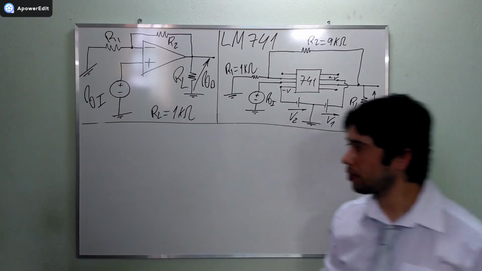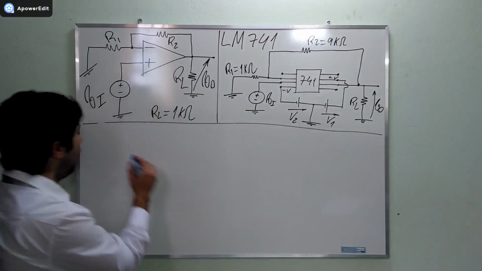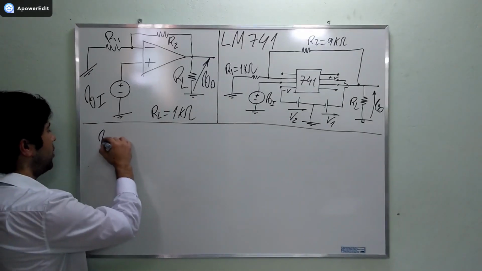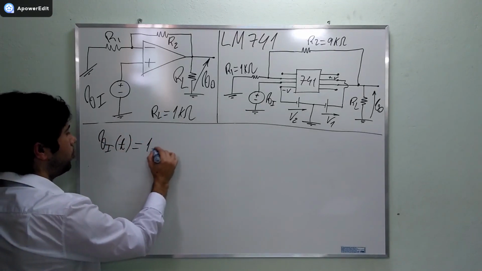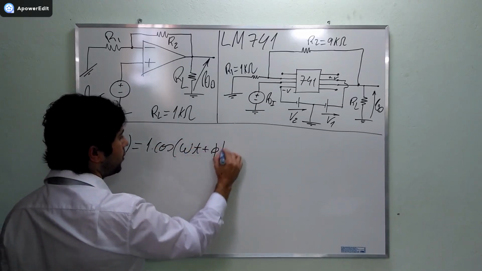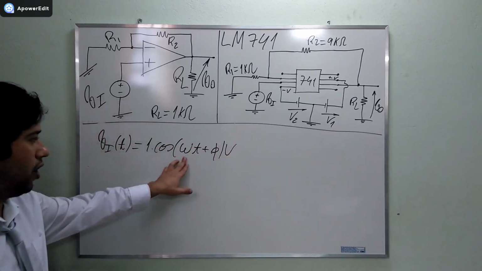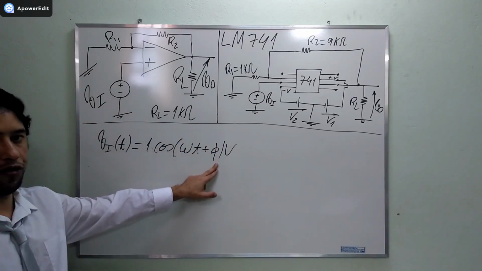Okay. We know that the gain is 10 volts per volt. My input is going to be like this, okay? 1 volt times the cosine of omega t plus phi volts. I'm not interested in the frequency, and the phase is not important.